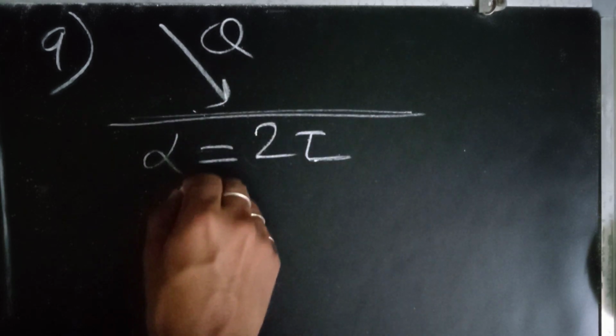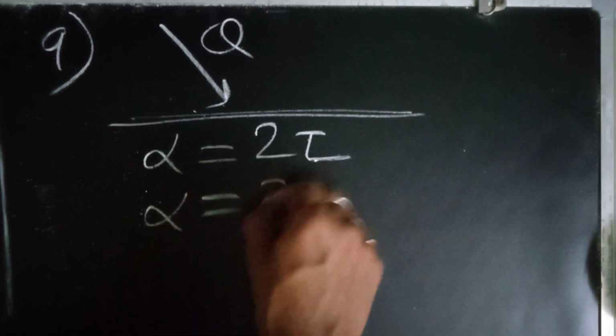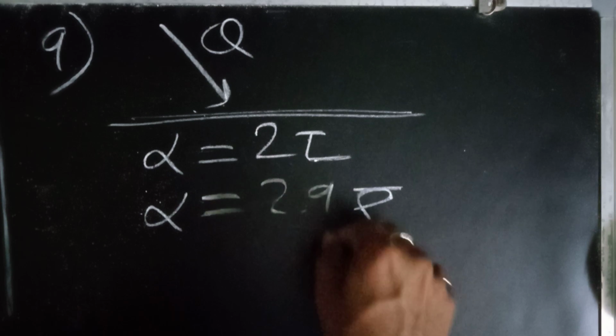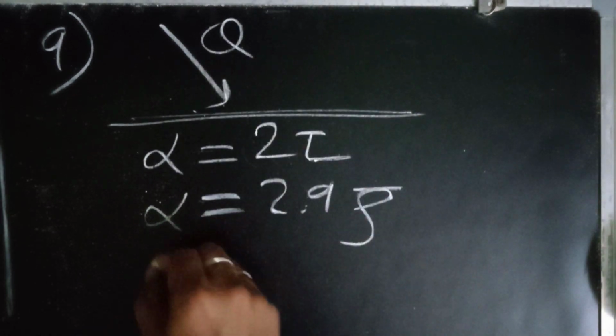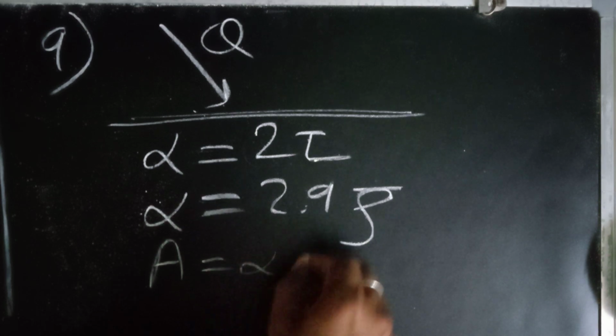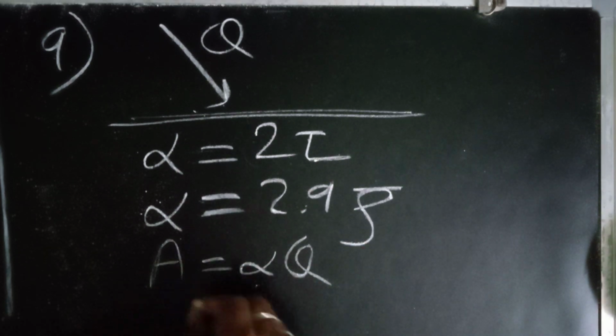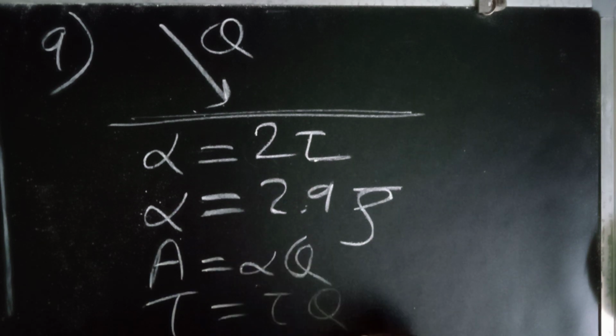Now the next question would be 9. It was given that some amount of energy was incident on a surface where the absorptivity alpha was 2 times the transmissivity, and 2.9 times the reflectivity. We need to find the absorbed, transmitted and reflected amounts: A is equal to alpha q, how much was absorbed, T is equal to tau q, how much was transmitted, and the same way the reflected one.